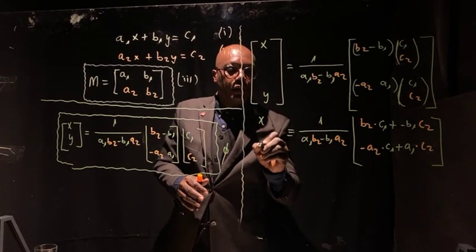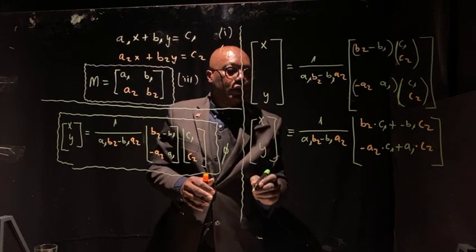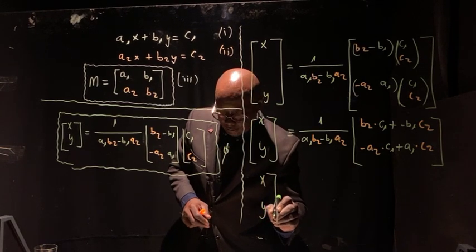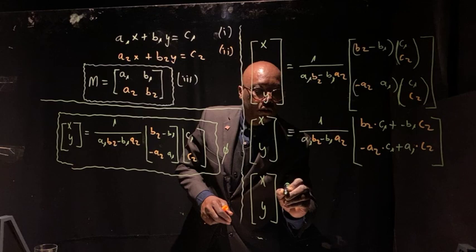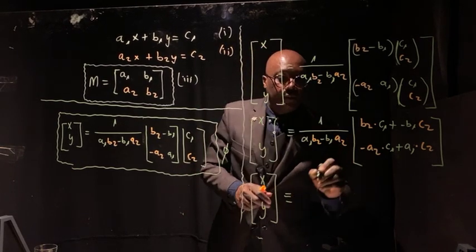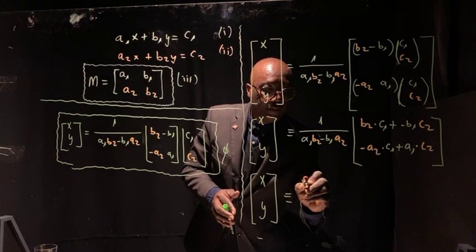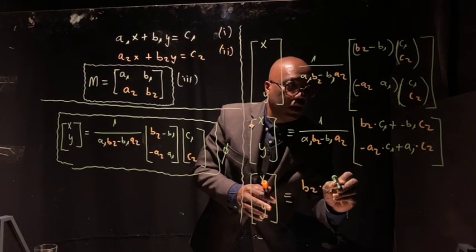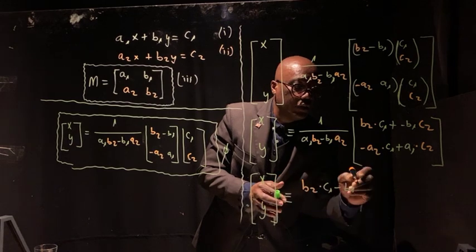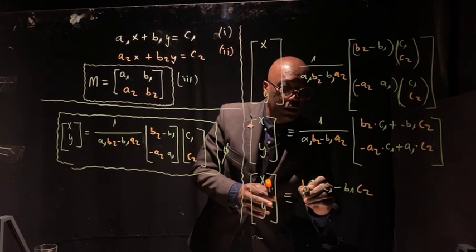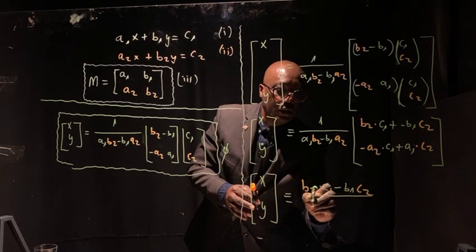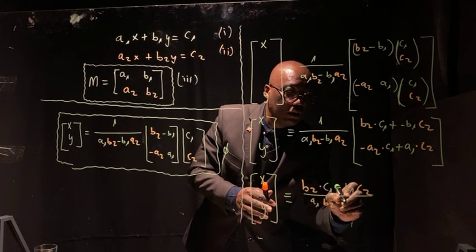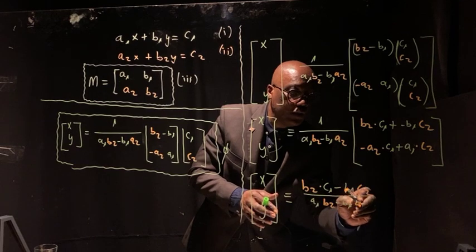Here is x, y. So we continue. We say that x and y equal b2 times c1 minus b1 c2, all over a1 b2 minus b1 a2.